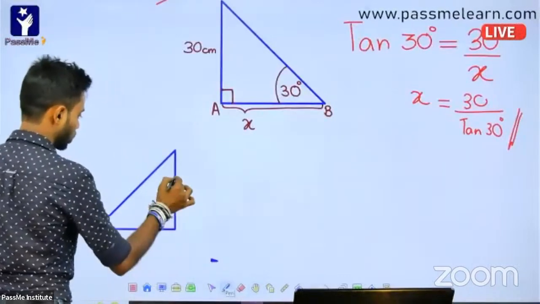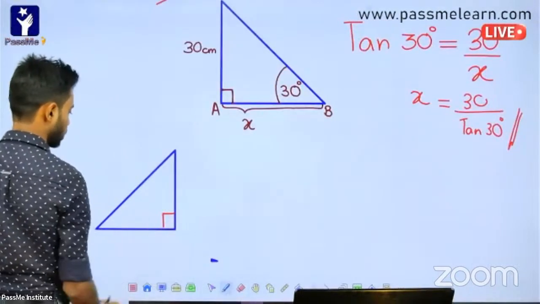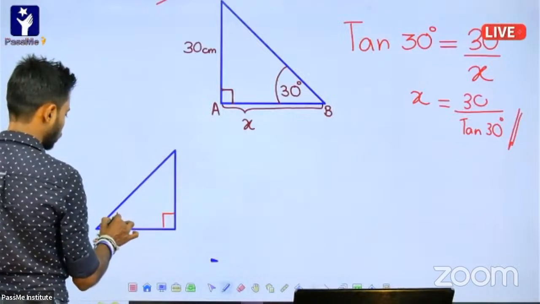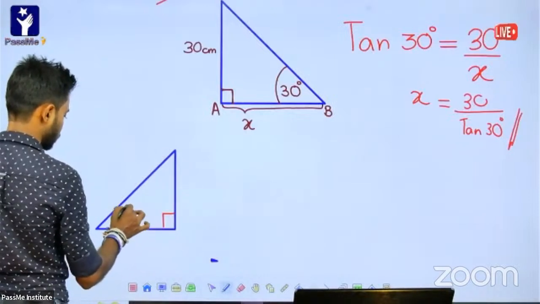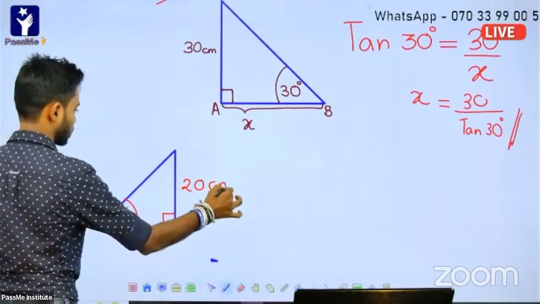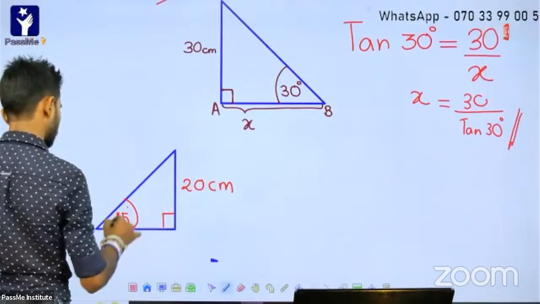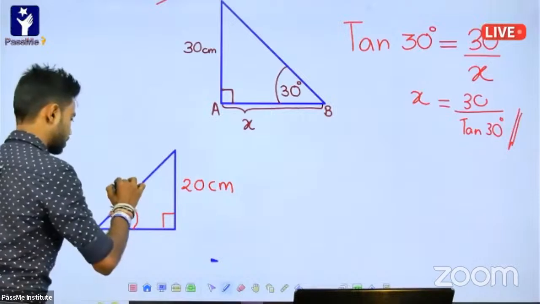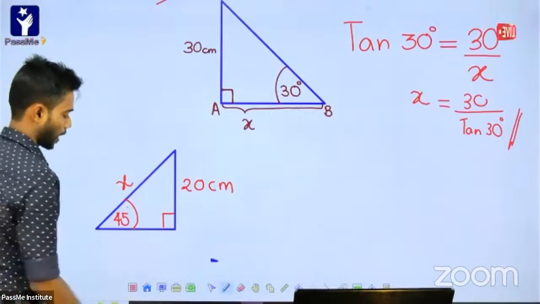Let's take this one as 90 degree, and this is 45, and this is 20 centimeter, and this is x.